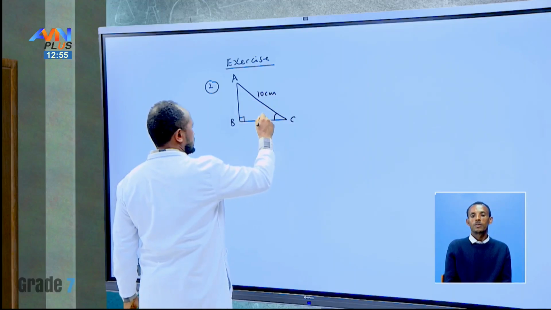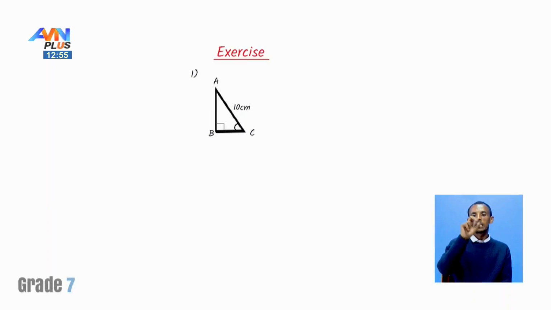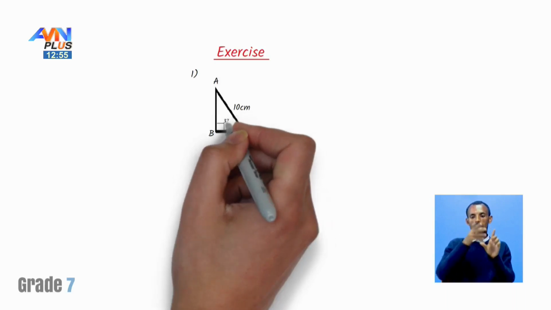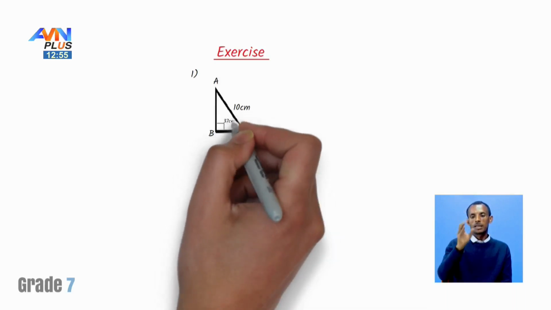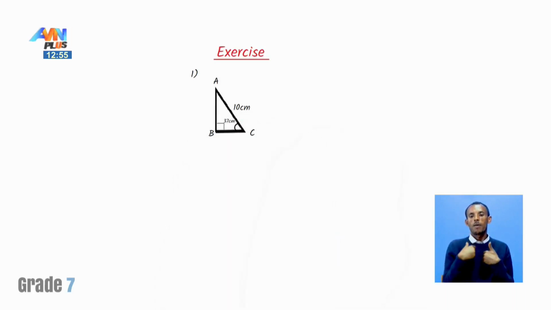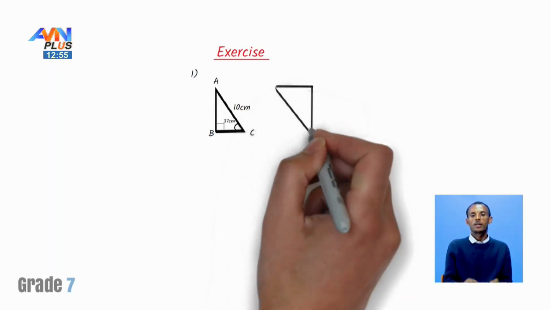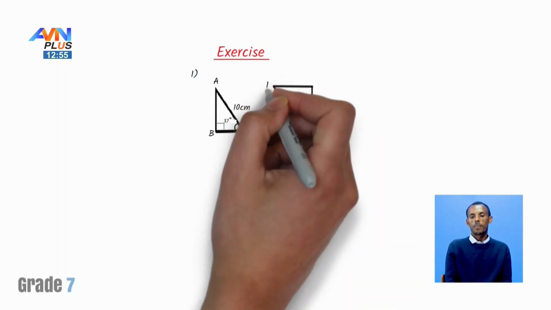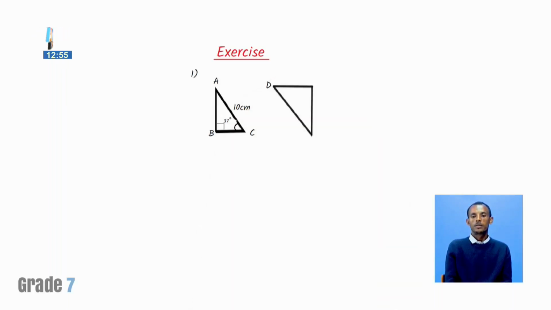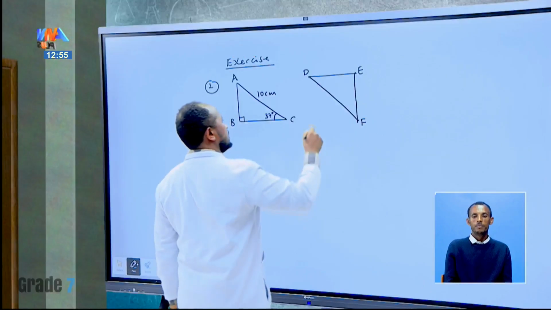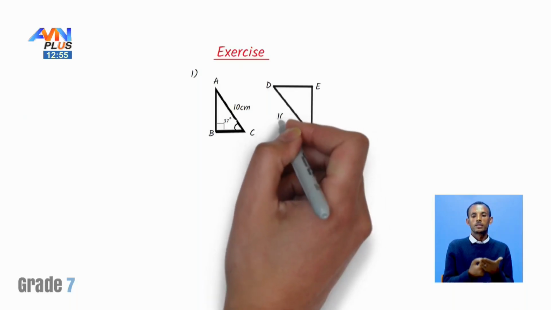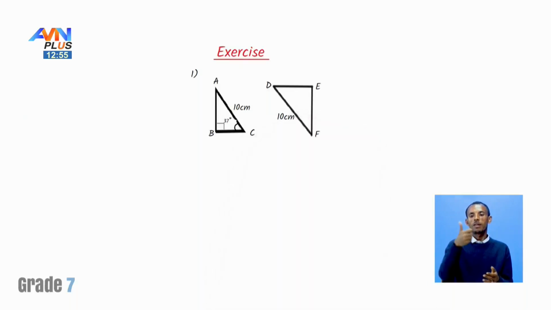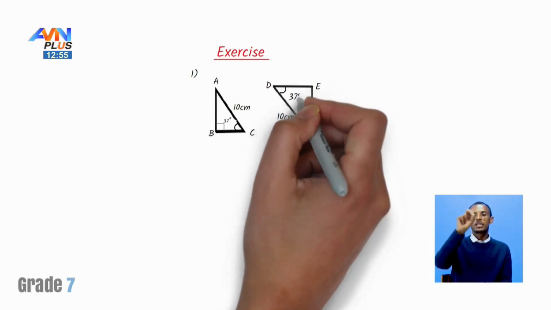Assume it is 37 degrees, and again here you have another triangle. Assume this one is DEF. Again, this side is 10 centimeters, and this angle is 37 degrees.